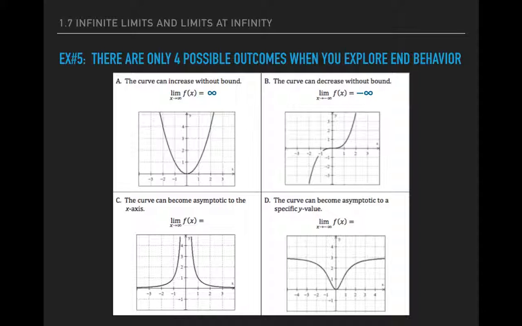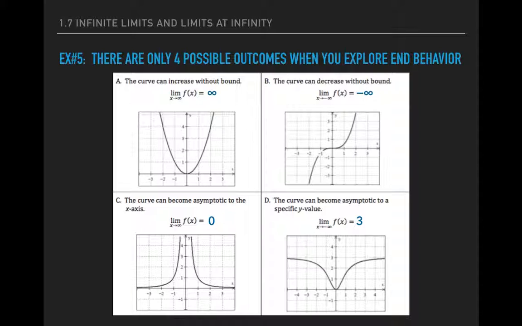You could have a curve that is asymptotic to the x-axis, which means here, as you go to infinity, the tail, the end behavior here is that it is going to 0. It's getting closer and closer to 0. Or you could have a scenario where your curve is asymptotic to a horizontal line like the line y equals 3.